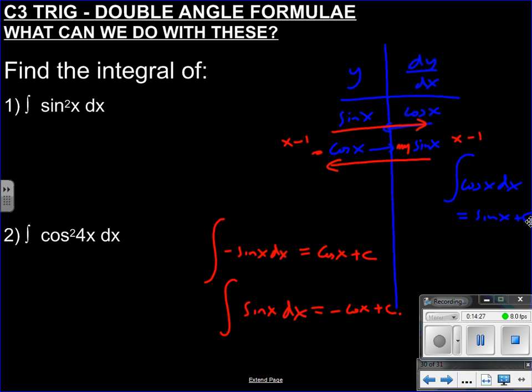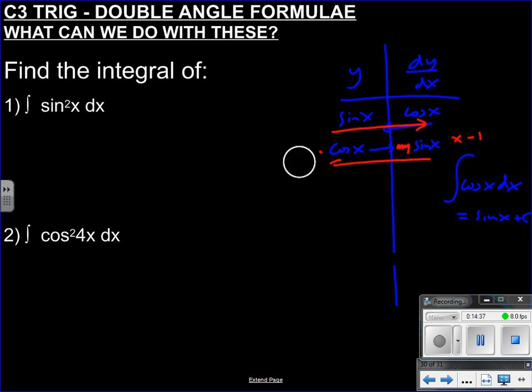All right? Now, all of our C4 integration work, and I'm talking C4, so I'm going forward quite a way, relies on this table, relies on us knowing this table intimately, okay?